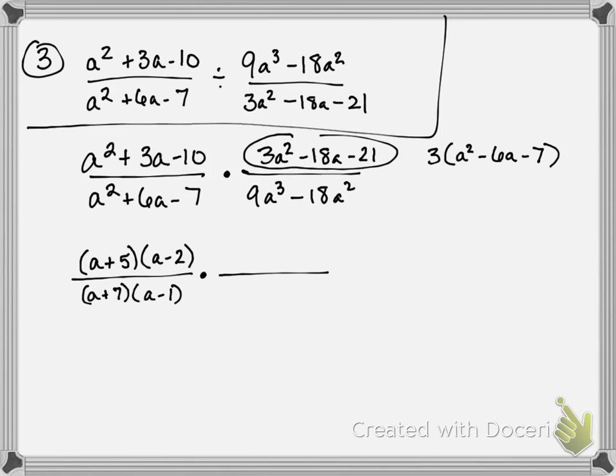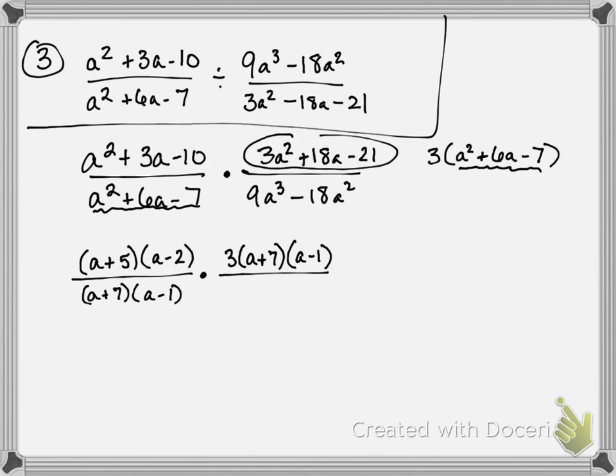All right, and so how does that help us in this problem? And I apologize, I wrote the problem down wrong. This is supposed to be a plus right there. All right, and what do we know? This is the same exact thing as this, which is nice. So this is going to factor to be the same: a plus 7 and a minus 1.